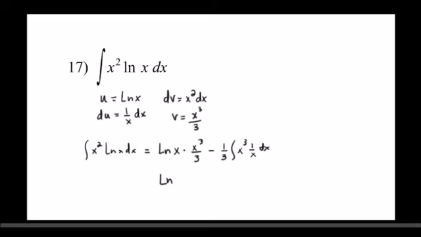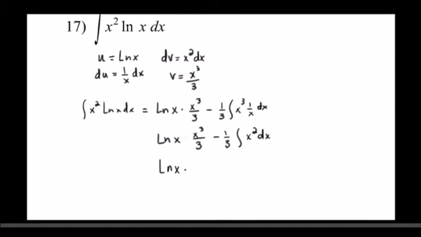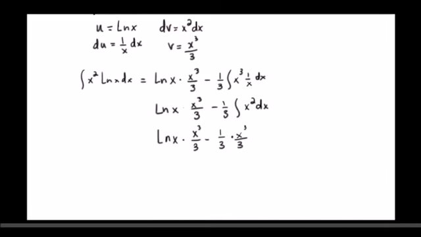So this is natural log of x times x cubed over 3 minus 1/3 times the antiderivative of x squared. And the antiderivative of x squared is another x cubed over 3. So the final answer here is there we go.